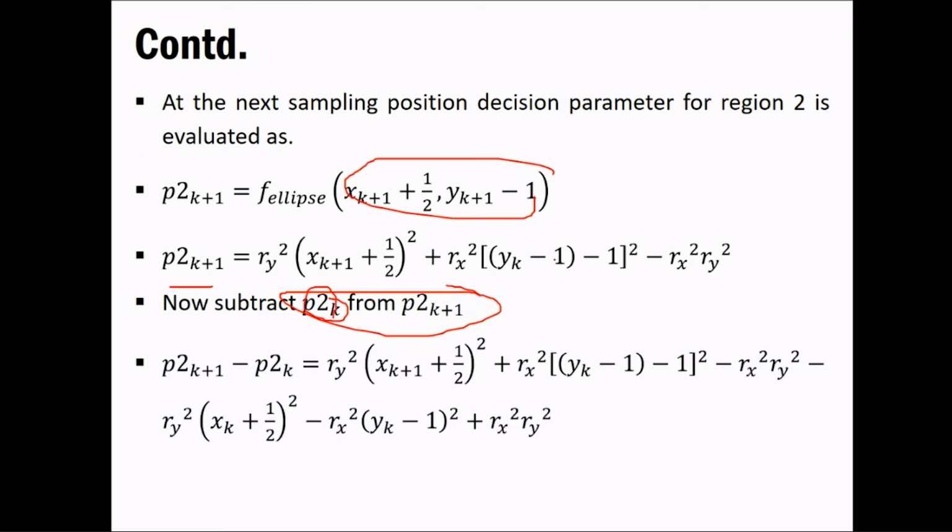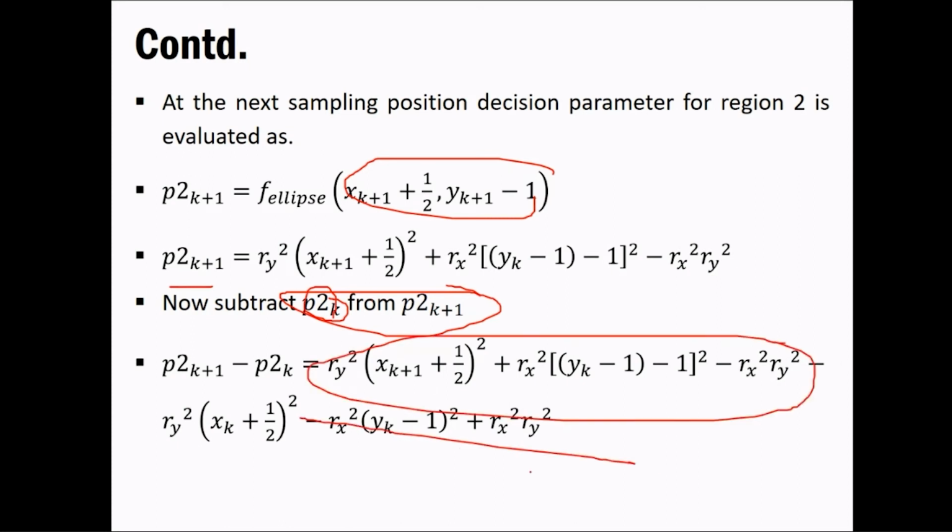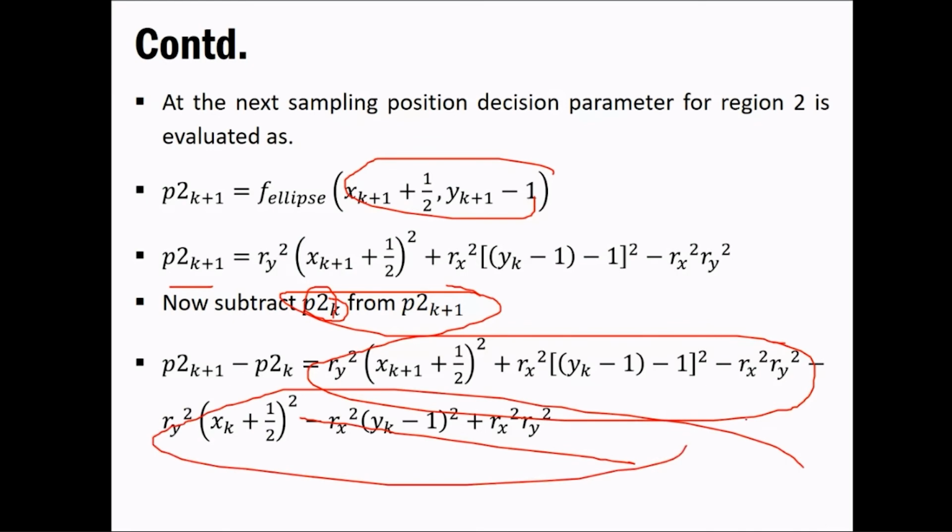Now subtracting these two things, you'd be getting this whole equation. Nothing has been done, simply the value of pk and the value of pk plus 1 are substituted here, and we have subtracted them.